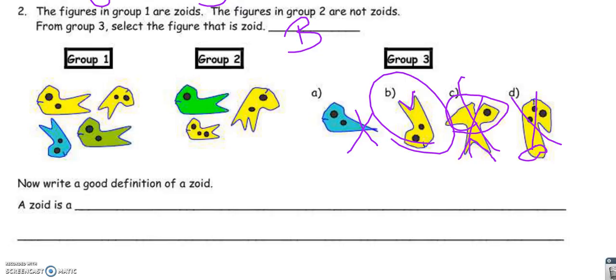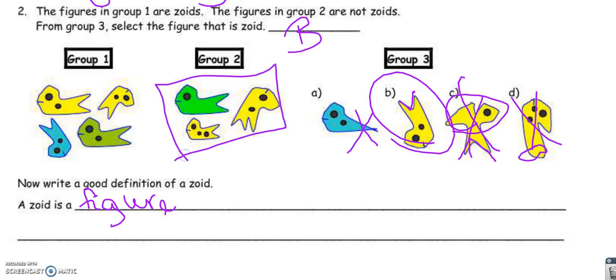So now, what is a good definition of a zoid? So a zoid is, we're going to call it a figure, shape, something. Let's look at the head part, okay? What made a difference as far as the head? What made these not zoids? Well, notice that this one only had 1 dot.